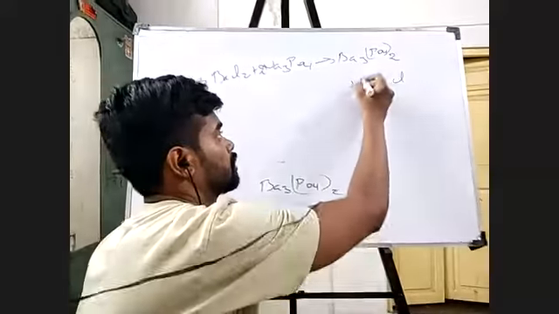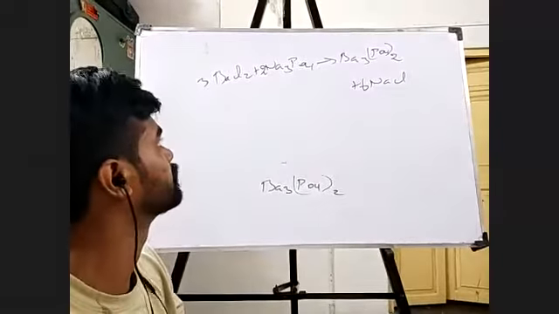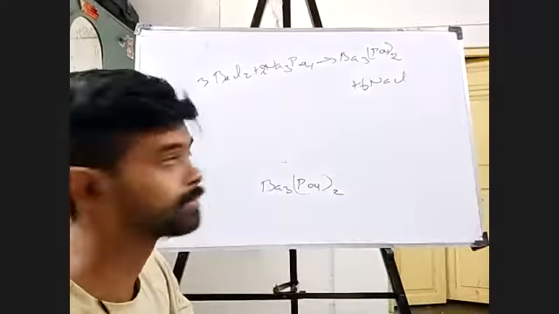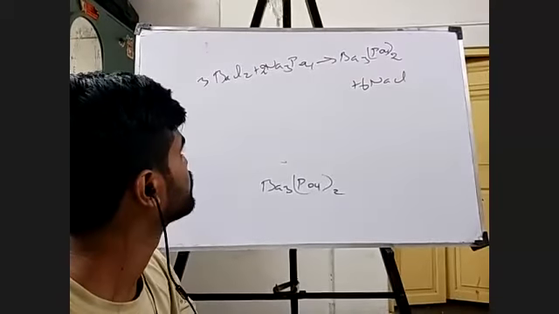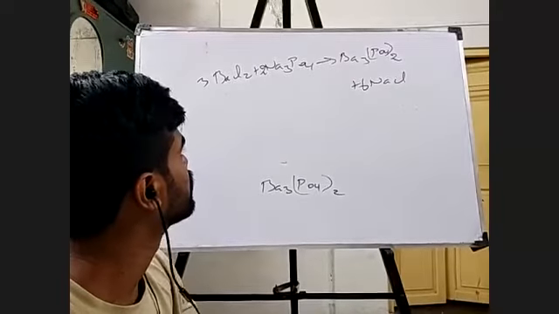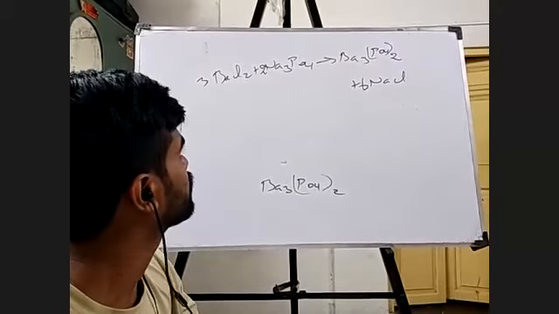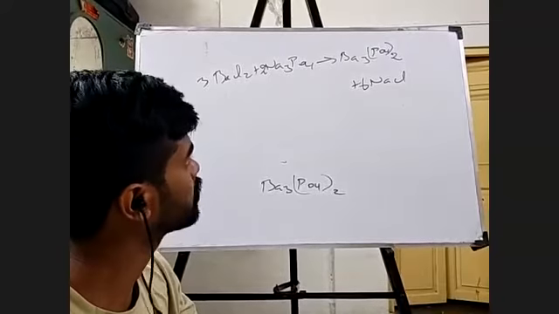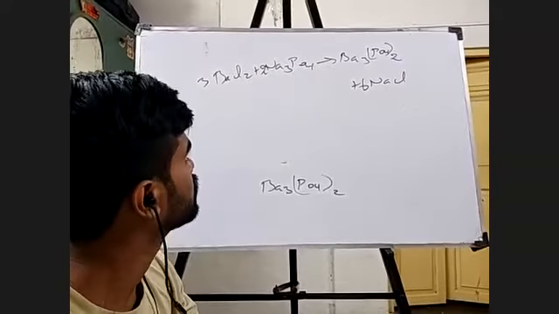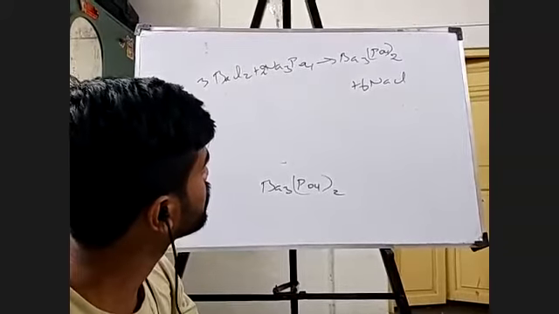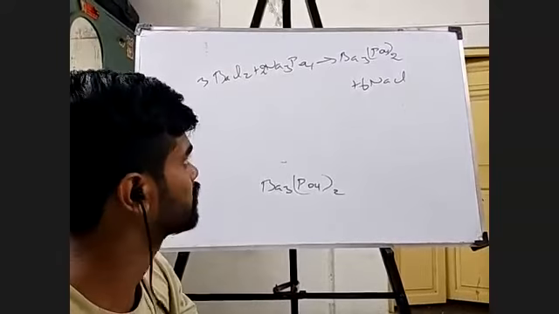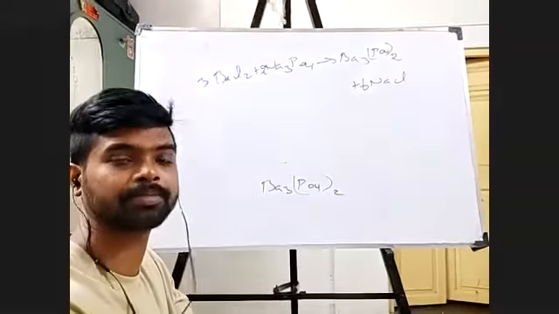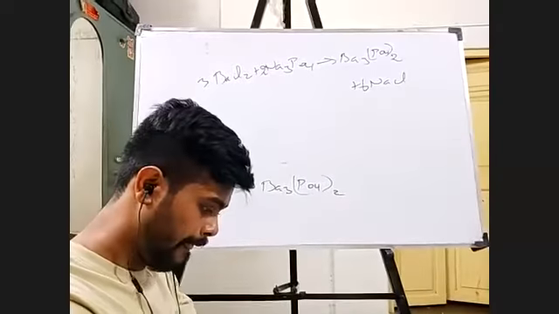I put 6 here. Done. Now is it balanced? 3 bariums, 6 chlorine, 6 sodium. Yes, balanced.